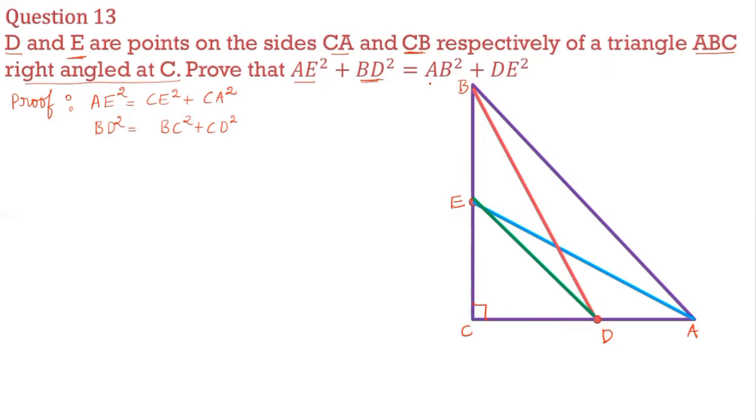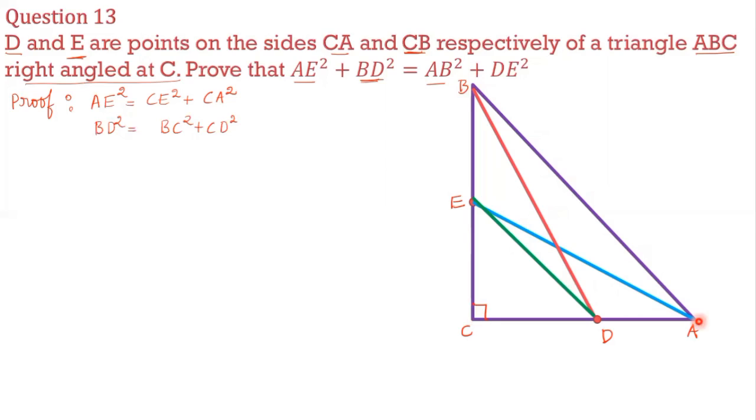Now we got AE square and BD square from these two equations. And on the right side we want AB square. So look at the side AB. AB is side of triangle ABC. In triangle ABC, angle C is 90 degree.